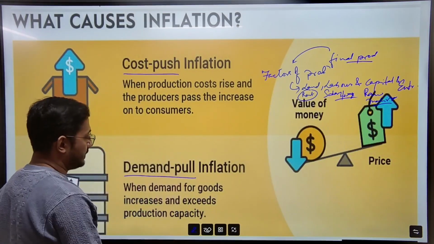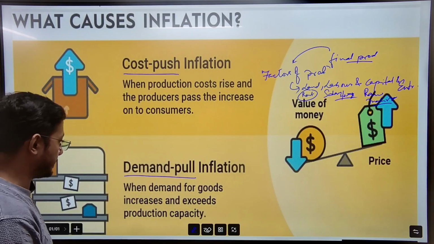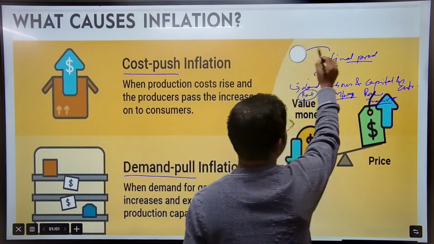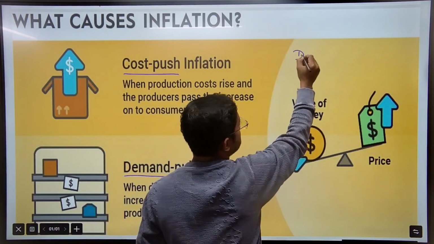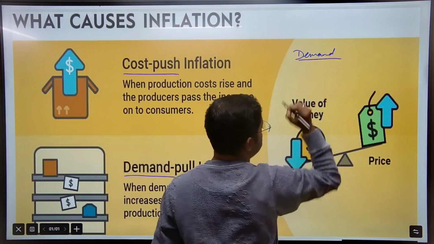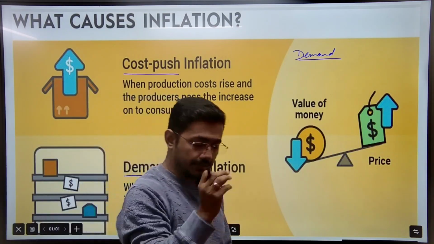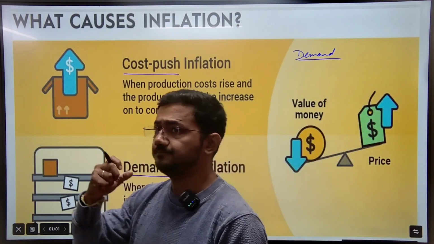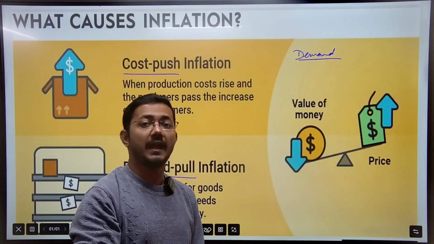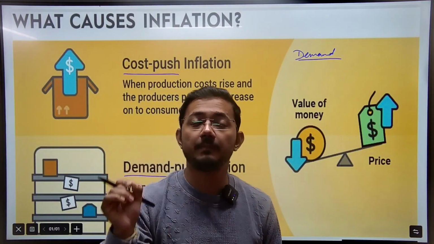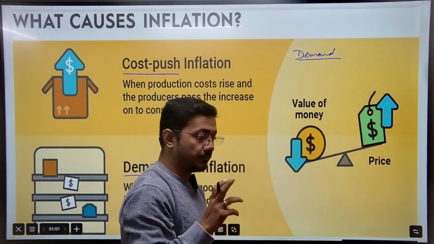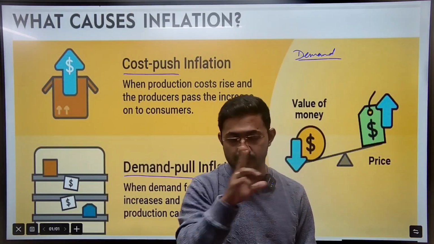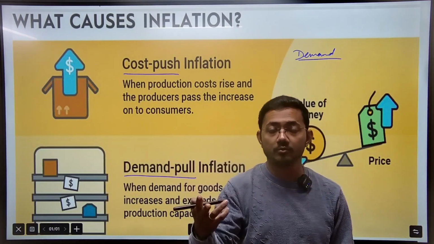And there is another type of inflation that is known as demand pull inflation. Now, to understand demand pull inflation, we have to see what demand actually is. By the definition, demand is the willingness to buy a product at prevailing prices, backed by purchasing power. That means willingness to buy alone is not demand, but it must also satisfy two more determinants.